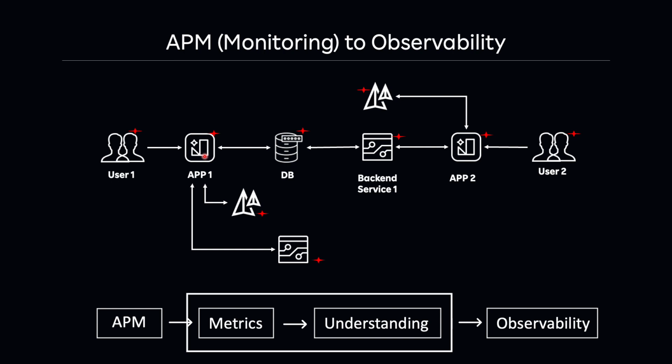Rather than you, as an SRE or a DevOps person, sitting and trying to understand what's happening, the observability tool gives you that information: this is what has happened, this is the root cause of a particular issue, and the only task at hand right now is to fix it. So that's where you get the observability part.